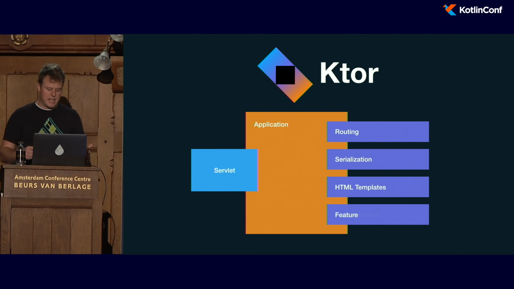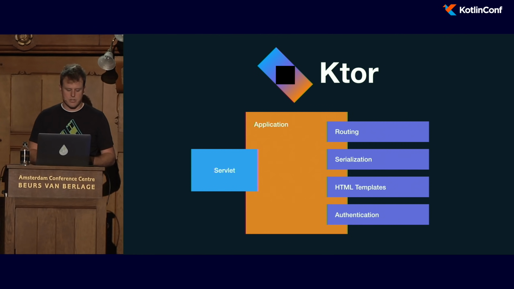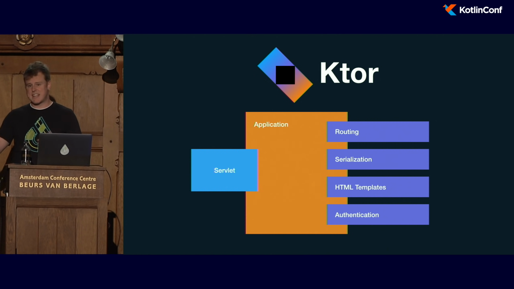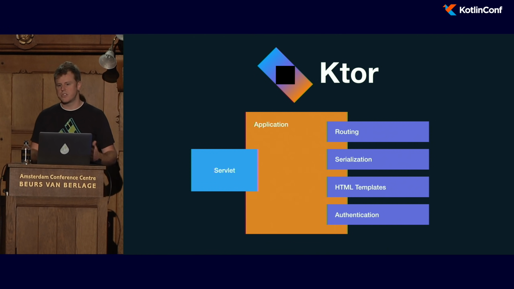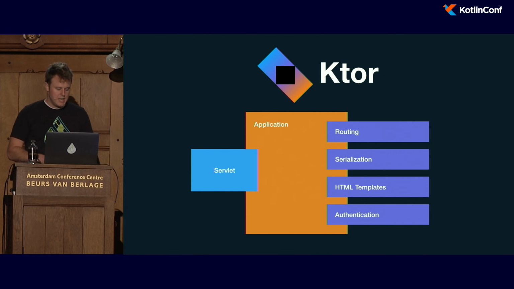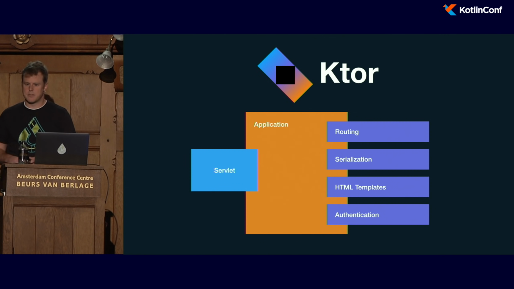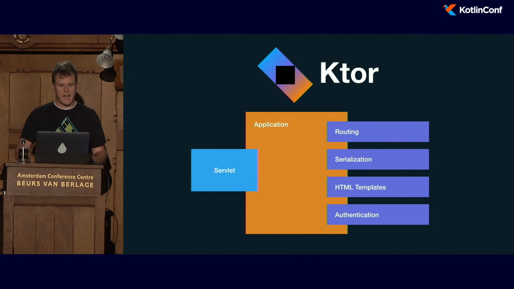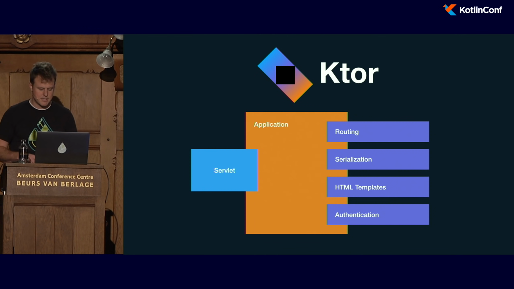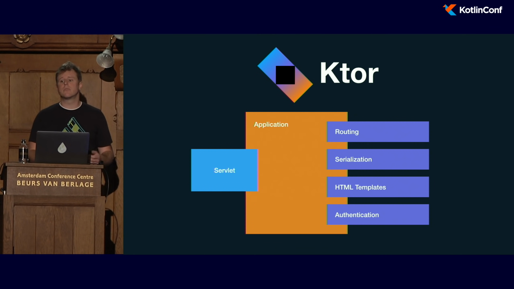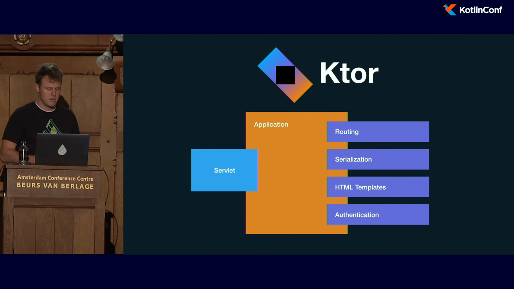This adds functionality like routing, serialization, HTML templates, static content, authentication, and much more. Many of these features are built in, but you can also get them from external dependencies by adding simple Gradle dependencies, or you can even create your own custom features.